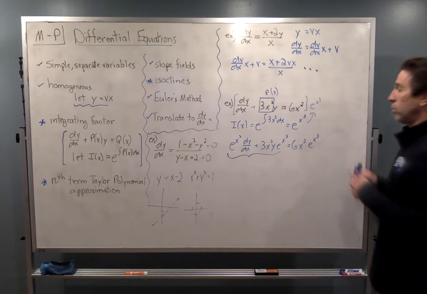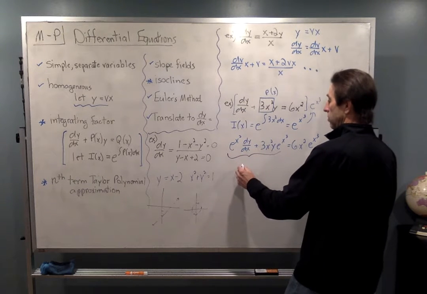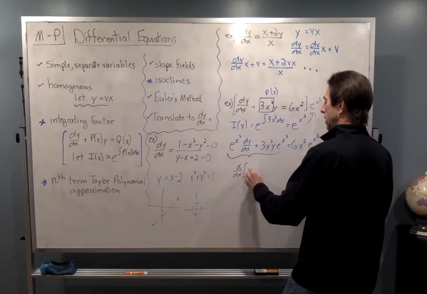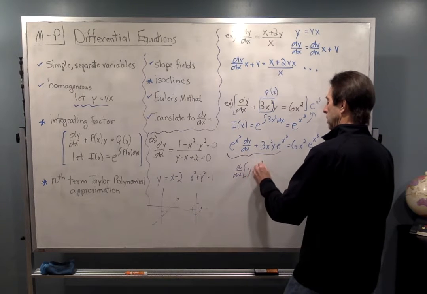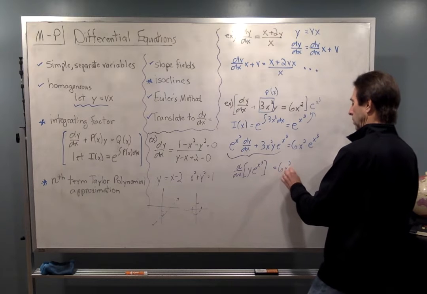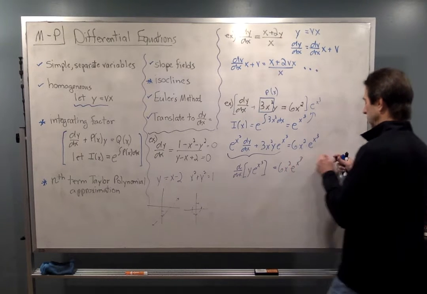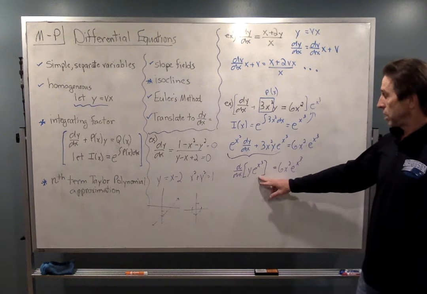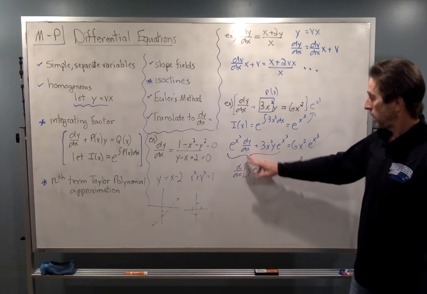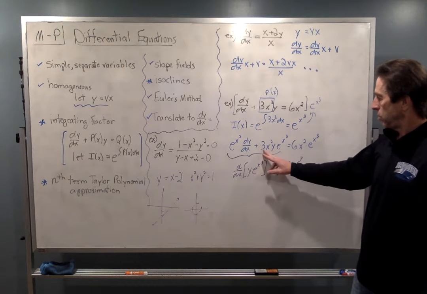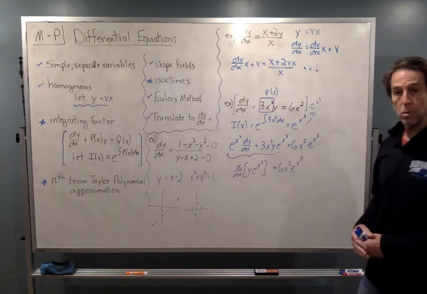So all of this in purple is nothing more than the derivative of y times e to the x cubed. And let's work backwards to make sure that works. It'd be dy dx times e to the x cubed plus y times the derivative of e to the x cubed, which is e to the x cubed times 3x squared.